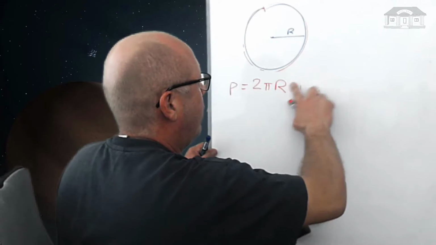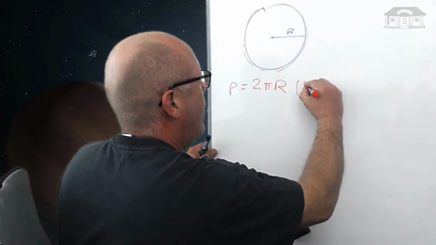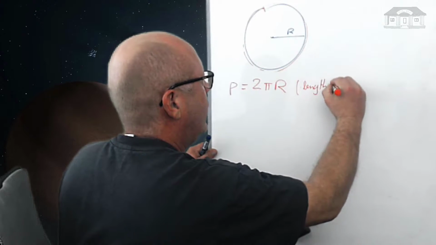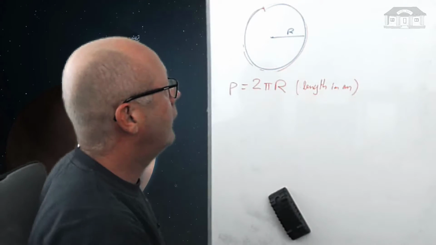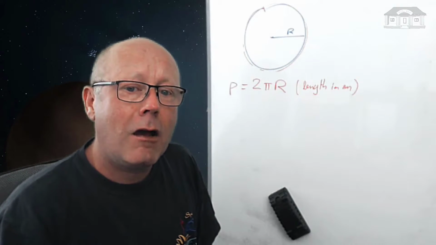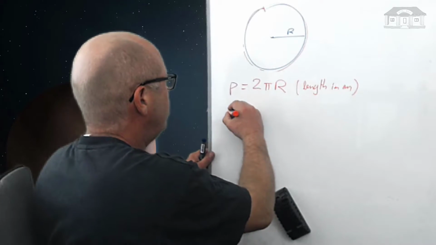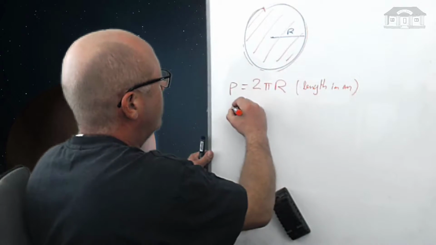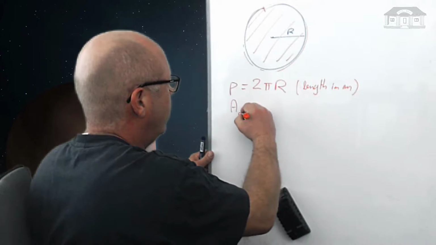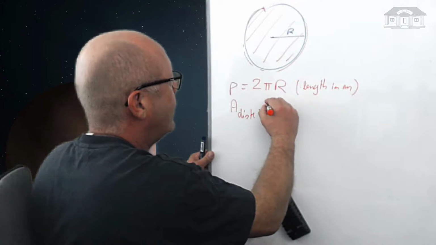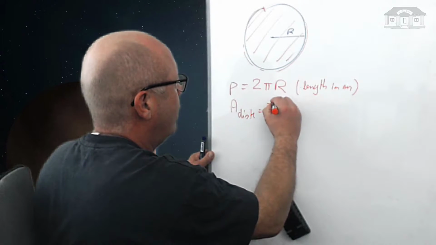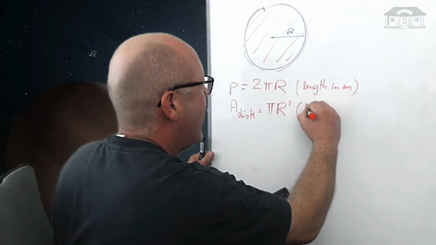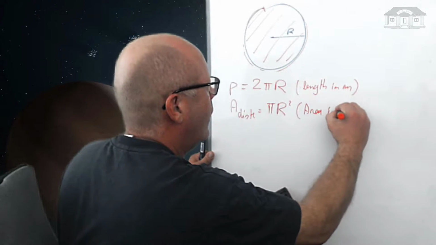The area of the disk: if I want to find out the area here, the area of the disk will be pi r squared. You know all this stuff. So that's an area in meters squared.